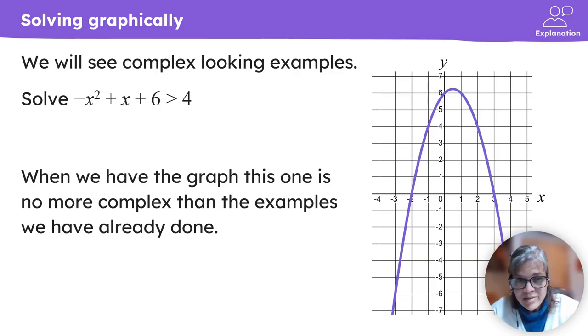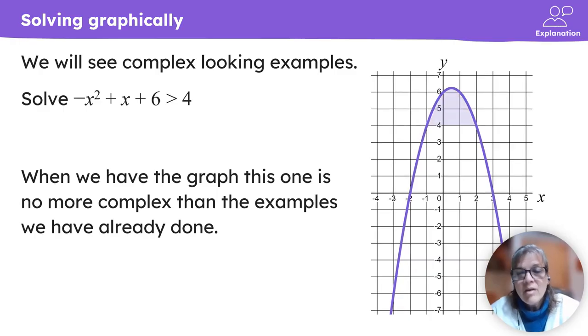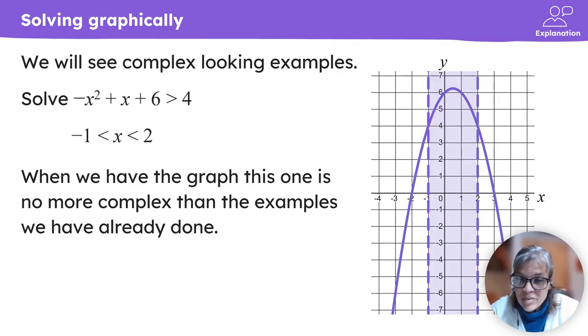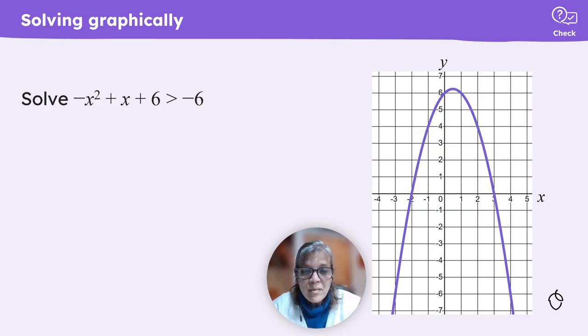I just need to look at the line y equals 4 and see where this curve is greater than 4. And that's in this region, which can be defined as between minus 1 all the way up to 2.